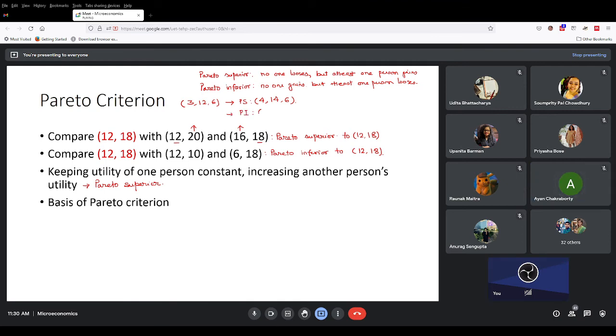What is Pareto inferior? Can you give an example from here? 2, 10, 6. So again, the third person is indifferent. He doesn't gain or lose. But now we find that the first two persons are losing. So this is Pareto inferior.